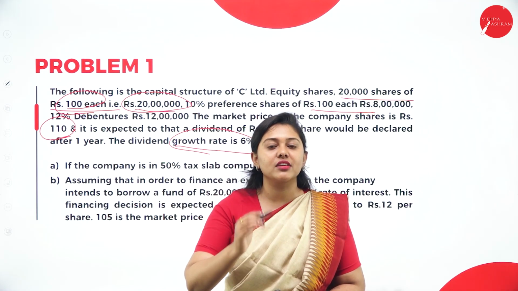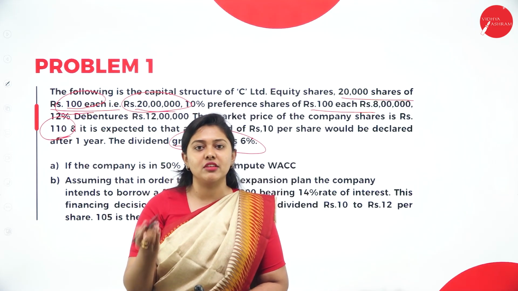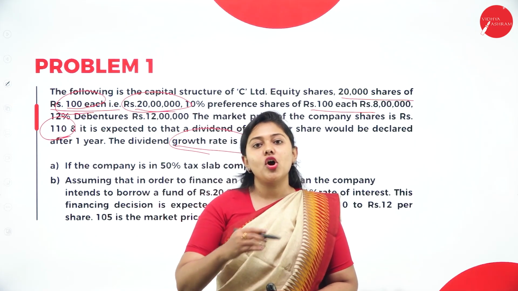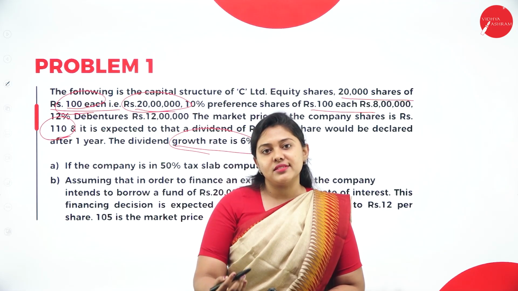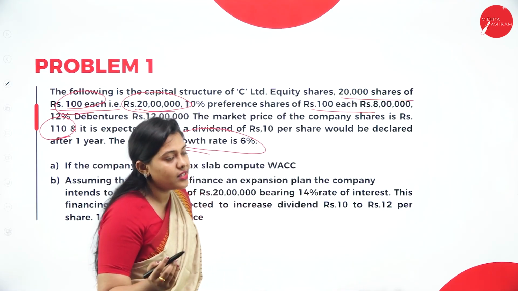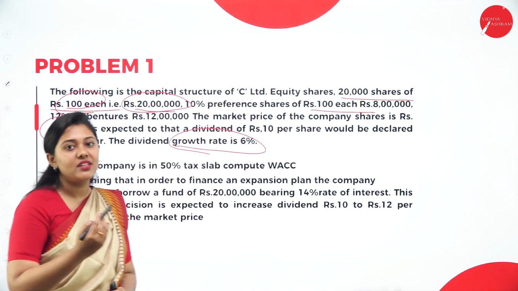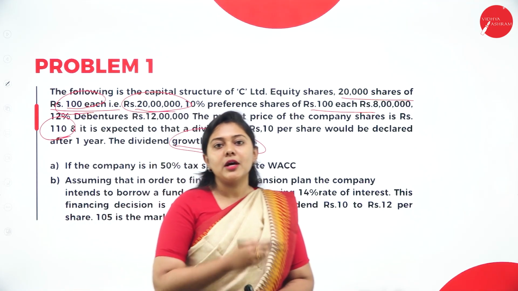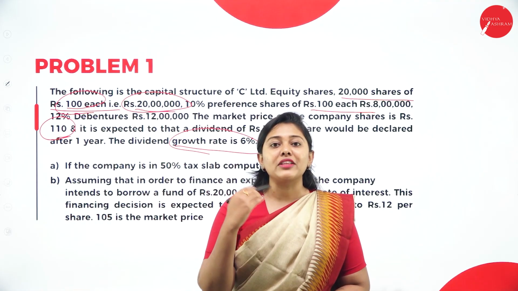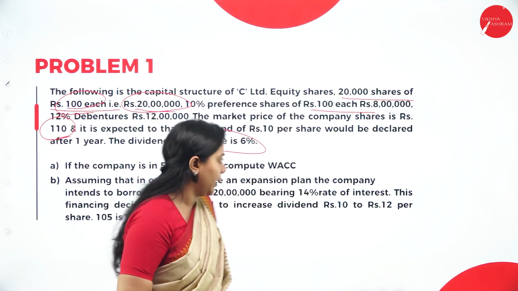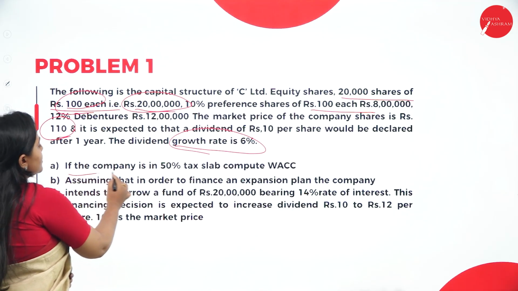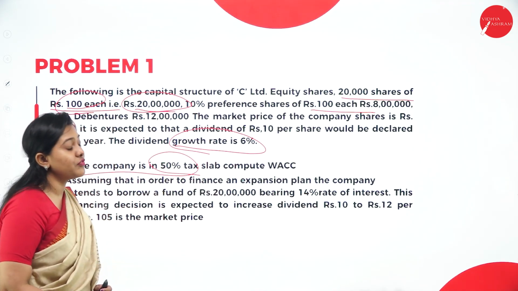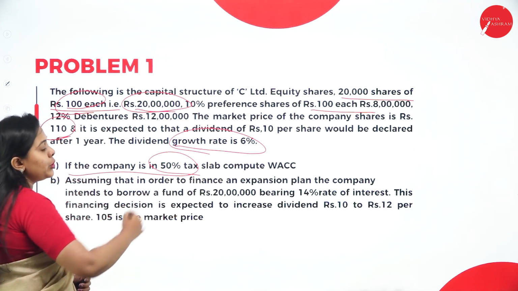Is redeemable or irredeemable preference share given? Is irredeemable or redeemable debenture given? So read the questions carefully. In this problem, it is an irredeemable problem because the number of years and the maturity value are not given. If the company's tax rate is 50%, compute the WAC.